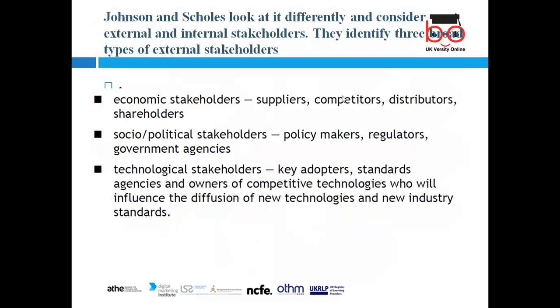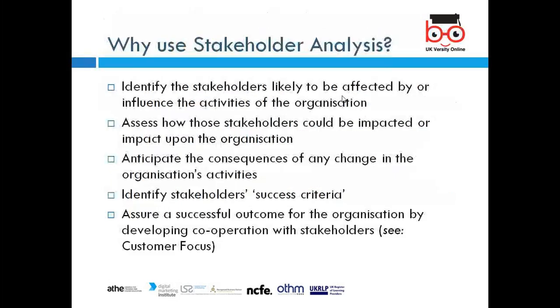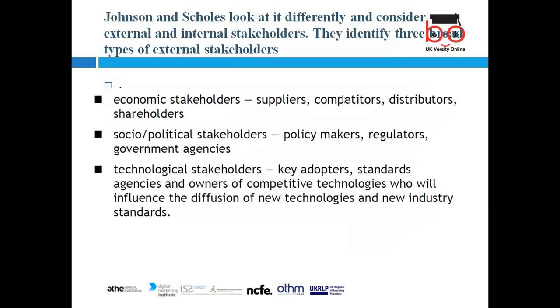All these are stakeholders: economic stakeholders, social stakeholders, and technological stakeholders. Here is the list: suppliers, competitors, distributors are economic; policy makers, regulators, government agencies are social; technological key adopters and standard agencies.